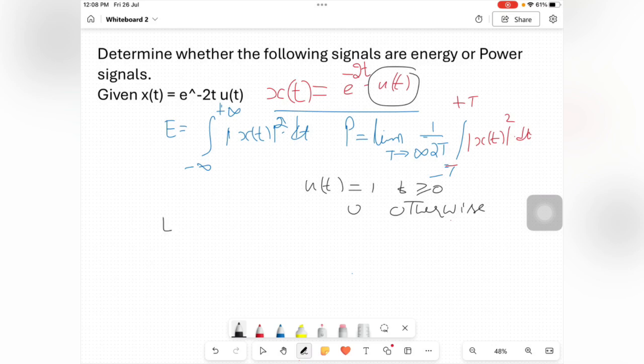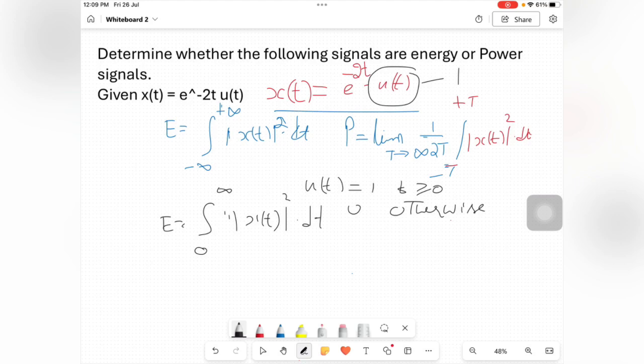So E is equal to the integral of 0 to infinity of mod x of t square into dt. The value of u of t is 1 for 0 to infinity. Now I substitute x of t, e power minus 2t.